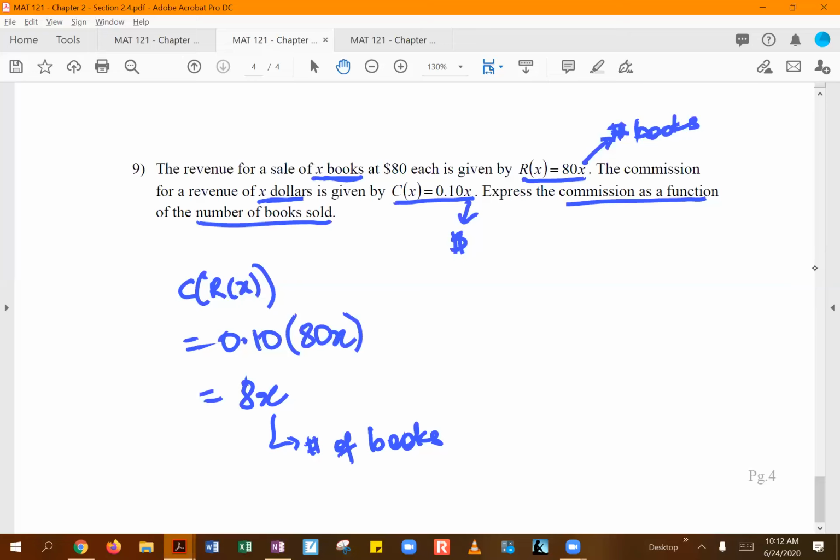No, because remember the X is now representing the number of books. Yeah, Julian, that means you're actually going to get $8 for each book sold.